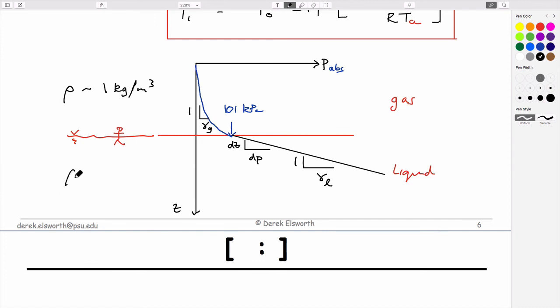And we know that the density of water is something like 1,000 kilograms per meter cubed. Unit weights are proportional to these, right? They're just multiplied by the same gravity we feel. So the slope of this here would be 1,000th of this. So if we really drew this to scale, it would physically basically look like this. This would be to scale, because the density is 1,000 times greater.